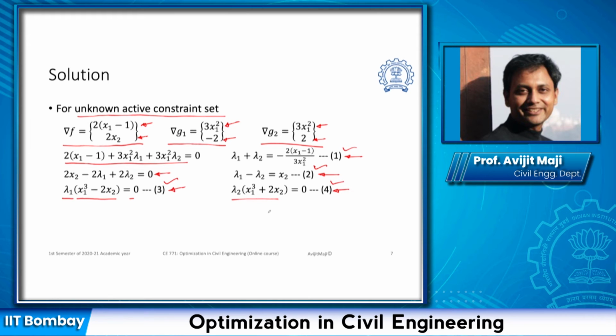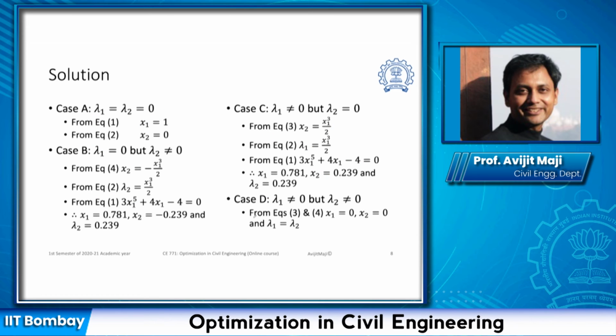These 4 equations we'll try to solve to find the values of the design variables x1 and x2, as well as the values of the Lagrange multipliers lambda 1 and lambda 2. So let's look into the next step of the solution process.